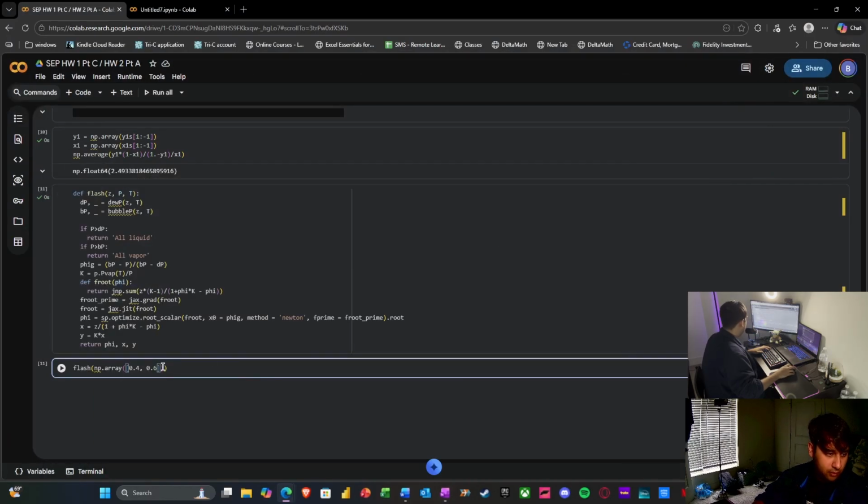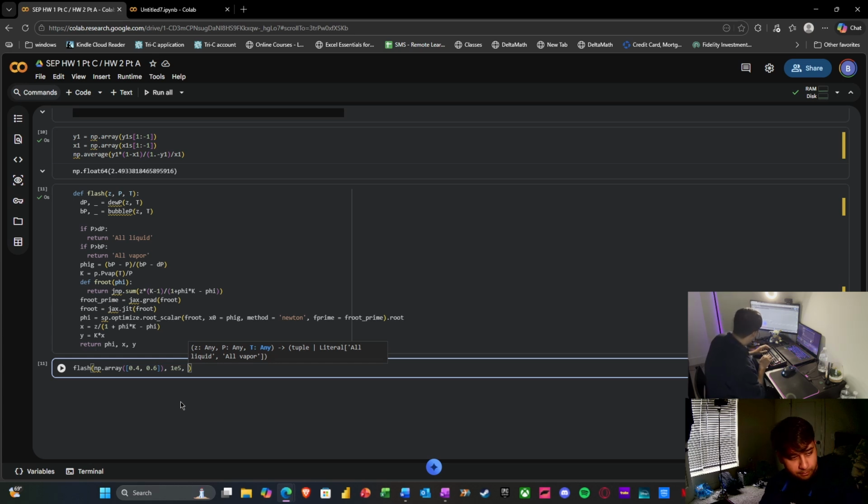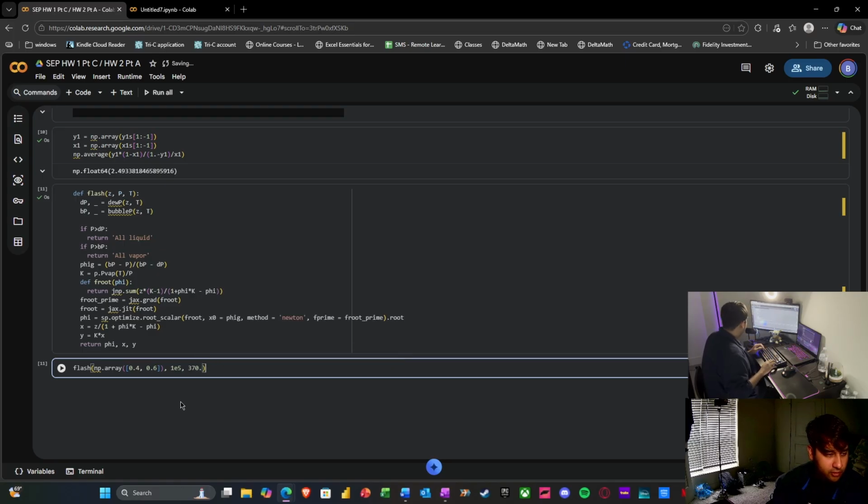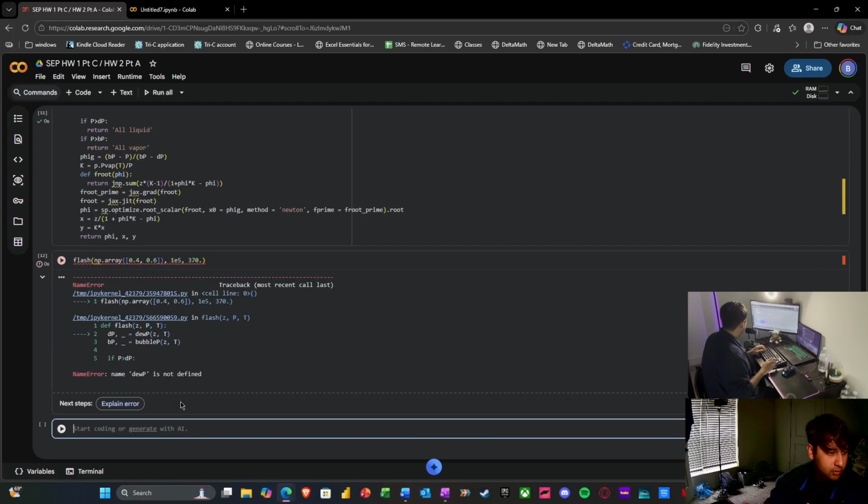So that's right there. And then we will have our pressure, which is in pascals, so it's 1 times 10 to the 5th. And then our temperature. And that should be it. That's our flash calculation.